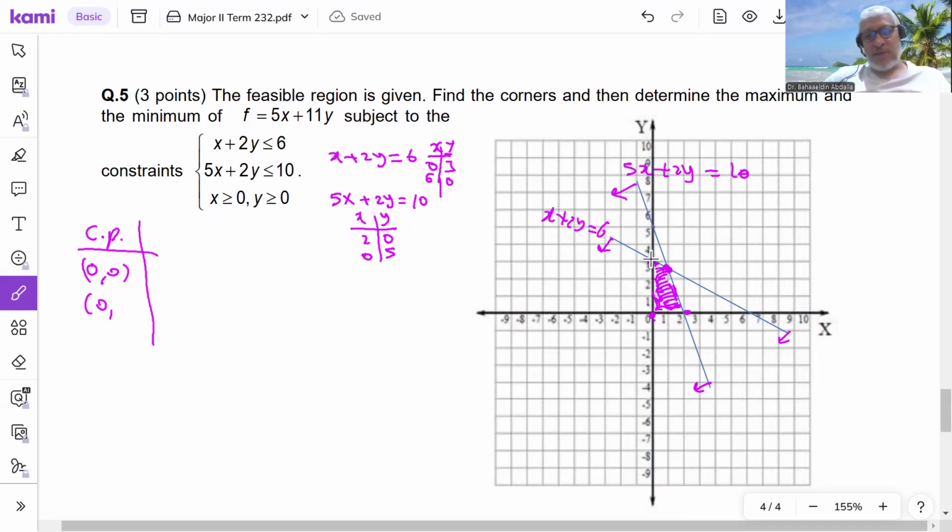Yeah, it's clear. And this is 2, 0. Okay. And this point is the intersection between the two lines. Let me write them together, this line and this line.